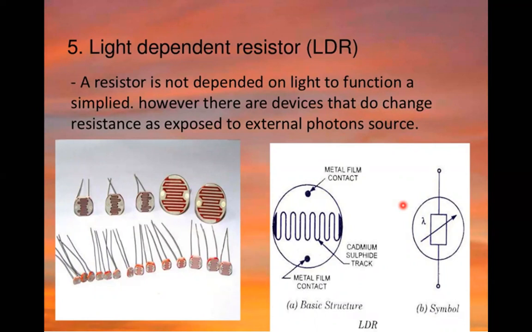In the dark and at low light levels, the resistance of an LDR is high and little current can flow through it. So these are devices whose resistance changes when exposed to external photon sources. You can see this is a metal contact. This is a cadmium sulfide track.